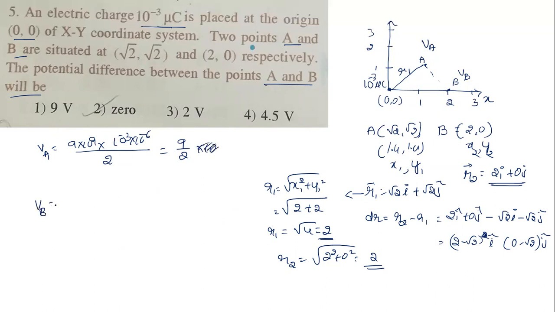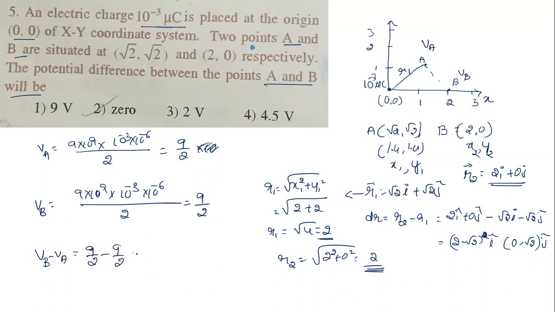So potential at B becomes 9 into 10 power 9 into 10 power minus 3 into 10 power minus 6 divided by R2, which is again 2. It again becomes 9 by 2. The potential difference, VB minus VA, is 9 by 2 minus 9 by 2, which is 0. Where is the option? Second option.